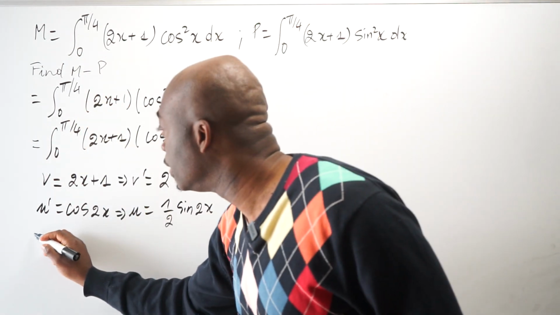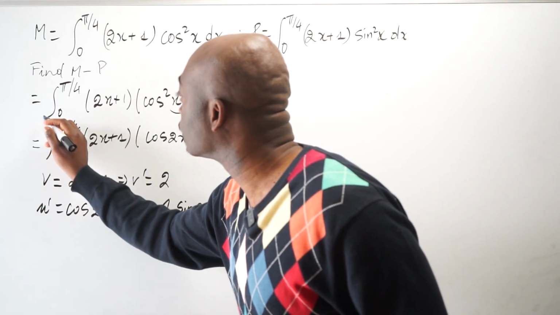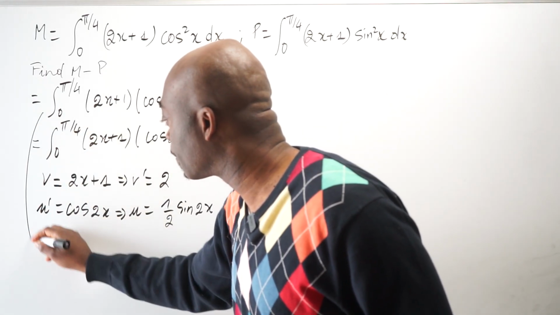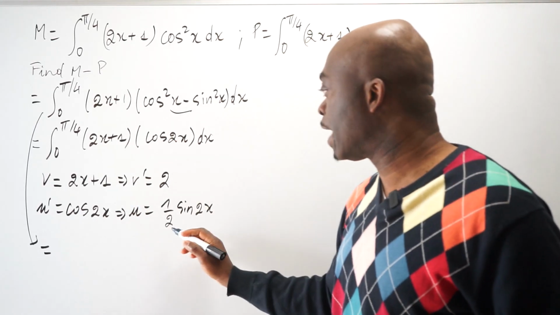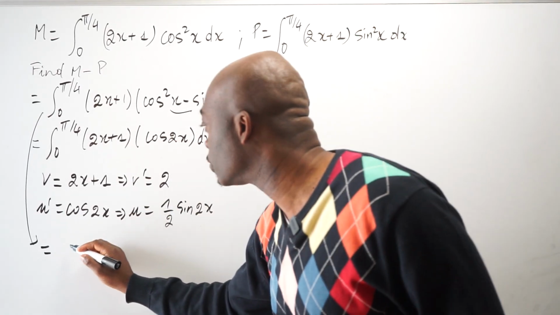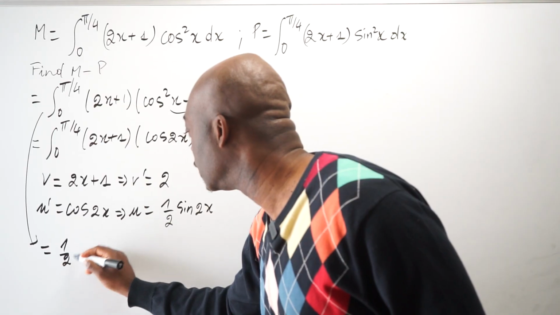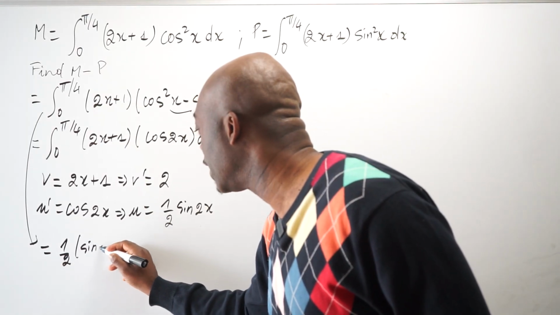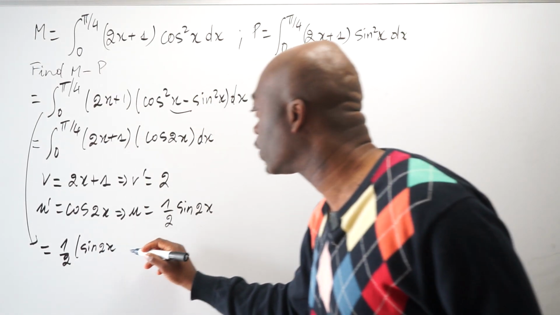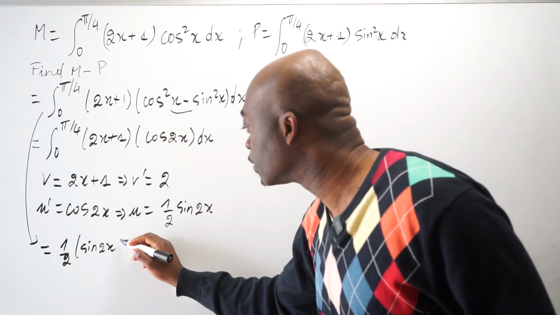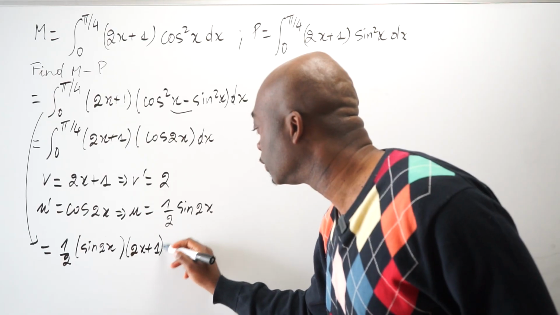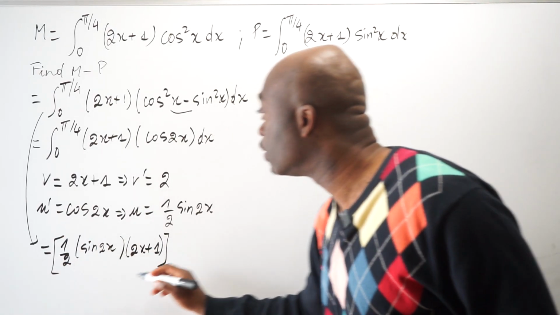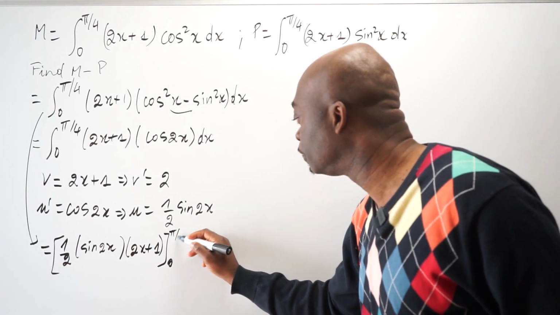So once we get that, m minus p is then equal to u times v, that's 1 over 2 times sine 2x times 2x plus 1, from 0 to pi over 4.